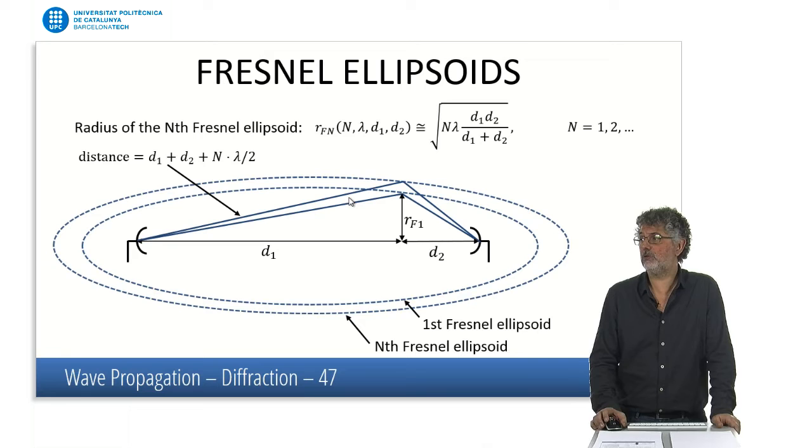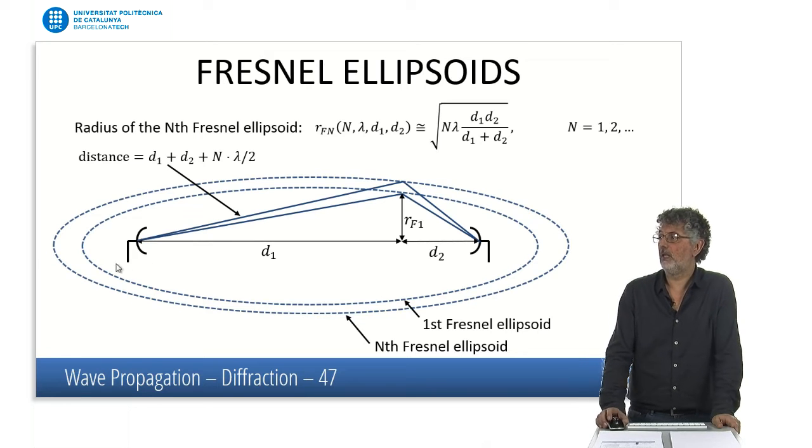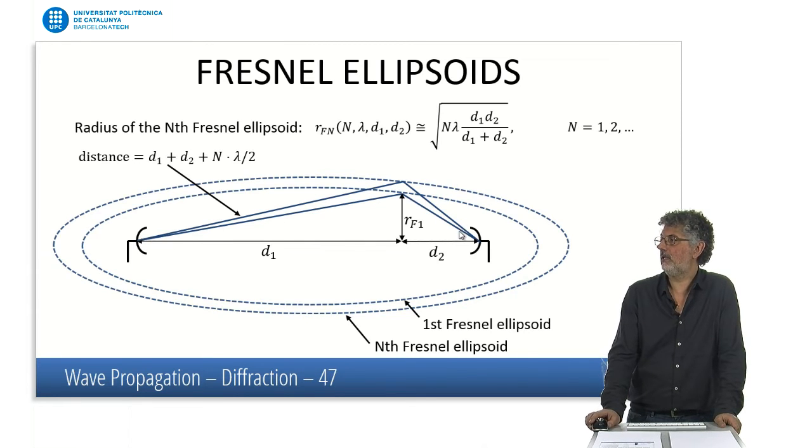Now, the definition of the Fresnel ellipsoid is the following. Imagine that we have a transmitting and a receiving antenna. So I have a direct path, which is D1 plus D2, and then I can imagine another path that travels that distance and this distance here. Okay?